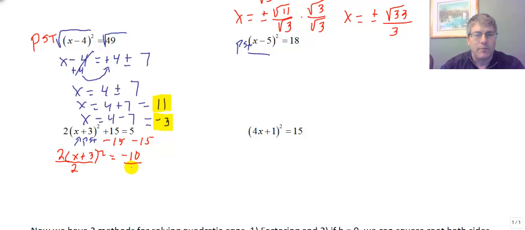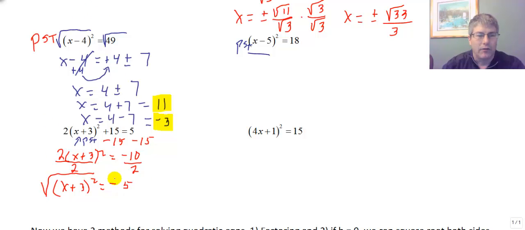Go ahead and divide by 2 and get that 2 out of there. We'd have to square all that first, so there's really no reason to multiply all this out. We don't need to multiply out our perfect square trinomial. And we get the quantity x plus 3 squared equals negative 5.